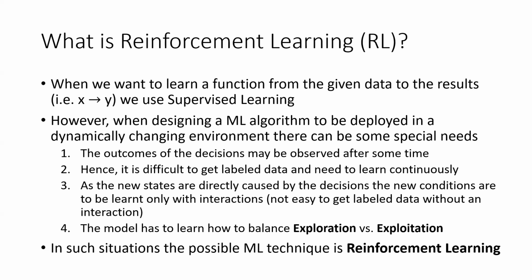So that is the main difference between supervised machine learning and reinforcement learning. In supervised machine learning, you get the data set and you train the model in an offline manner, and then you can deploy the trained model in the system that you want to run in production. But in reinforcement learning, you do the learning process while the system is running.